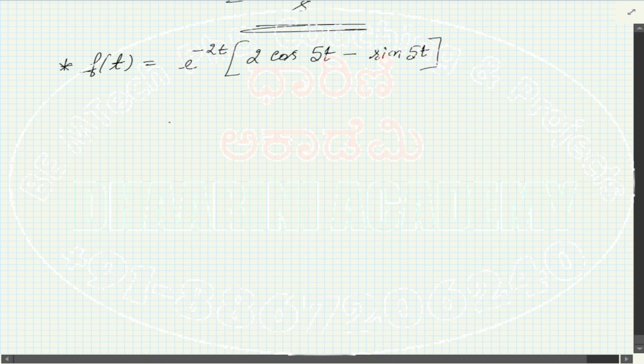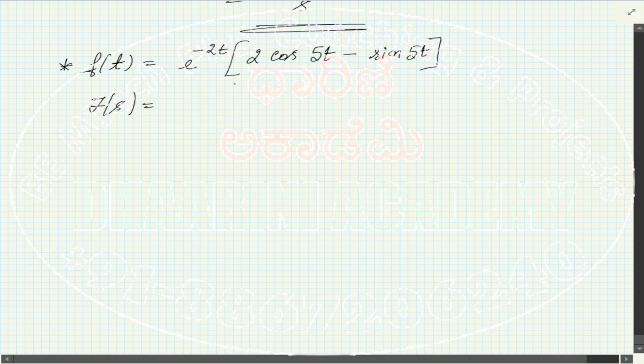Therefore I can directly write f of s. Whenever I have e to the power minus at, I know that the function becomes f of s plus a. So I should write the individual f of s other than e to the minus 2t, and I should replace s by s plus a. That was the first shifting property.